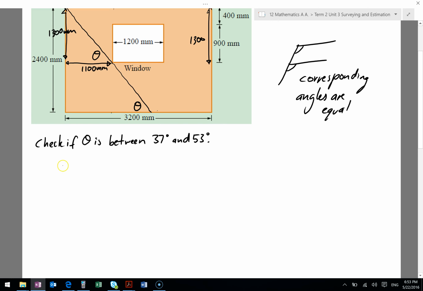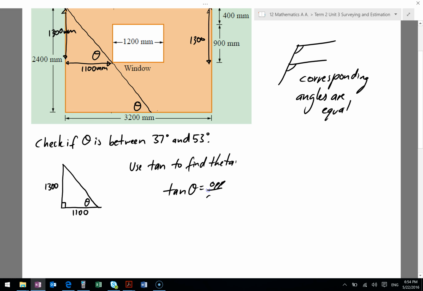So again, I'll draw my diagram separate to my enormous label diagram because I don't want to get lost in the detail. 1300 and 1100. So I'm going to use tan to find theta. Write what the rule is, and then substitute in the values I know. I don't know theta. I know that the opposite side is 1300 and the adjacent side is 1100.